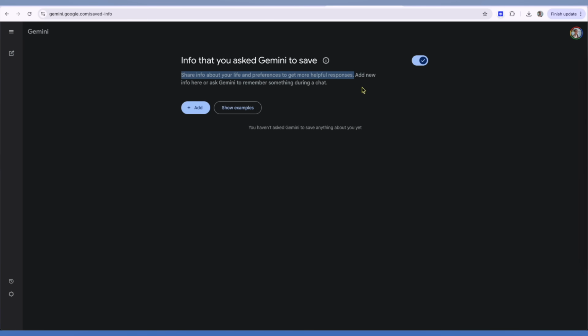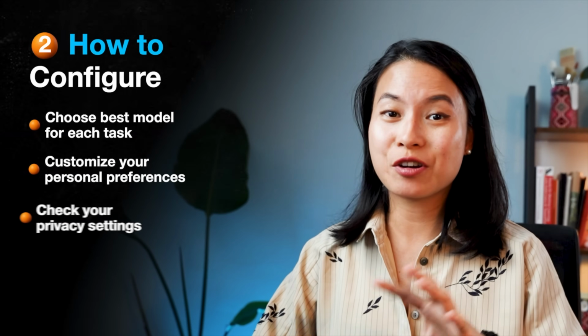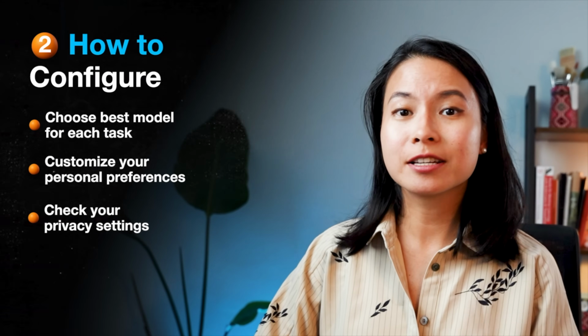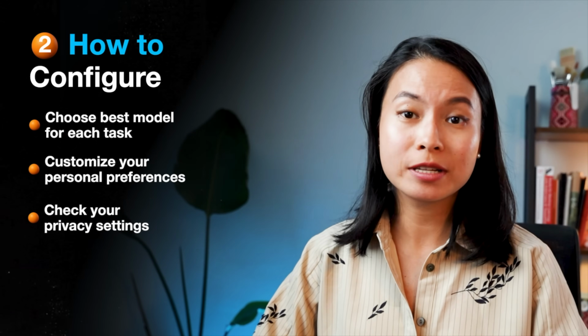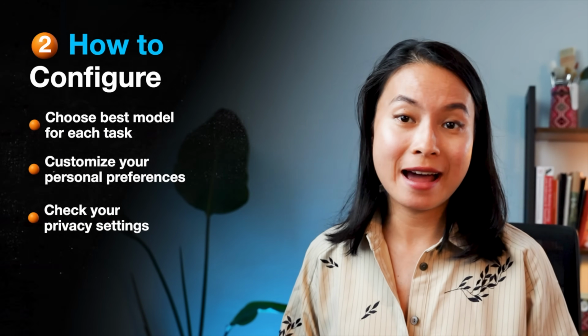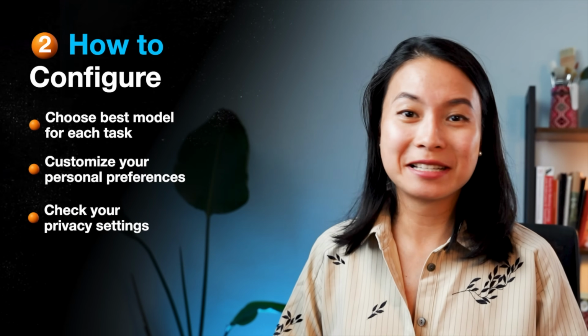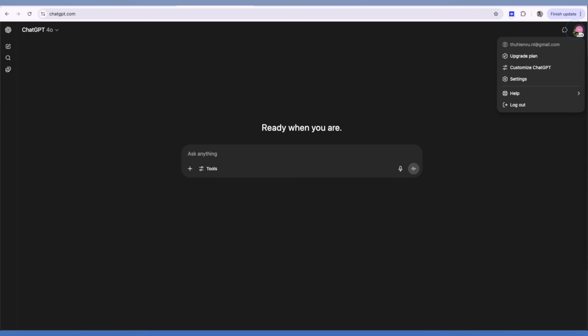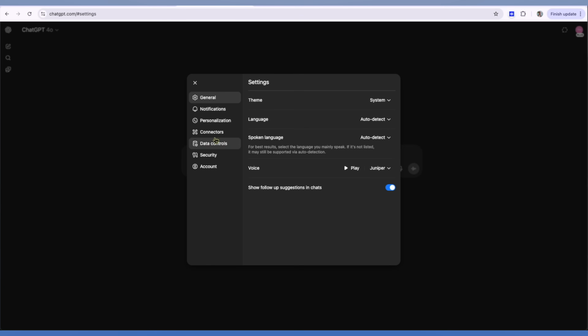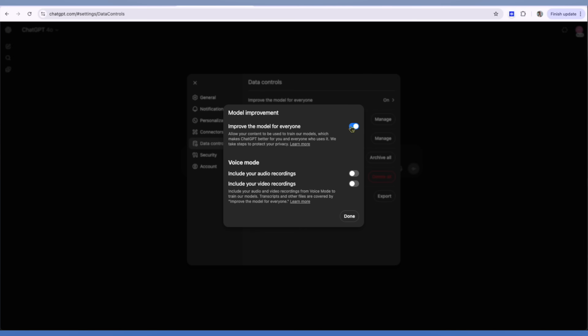If you're concerned about privacy, please check your privacy settings. Claude doesn't train on your data by default, but ChatGPT and Gemini might, unless you switch it off. To be honest, I find this a little bit disturbing. Now, in ChatGPT, you can go to the settings and go to the data controls to turn this off.